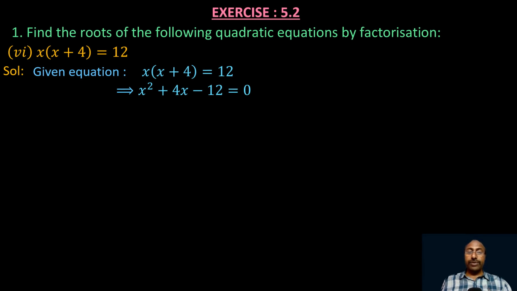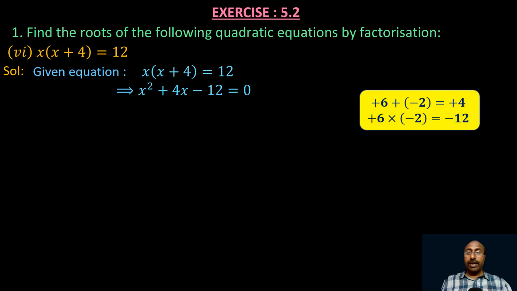And we have to select two numbers such that the sum of two numbers is 4 and product of the two numbers is 1 into minus 12, minus 12. So we can notice that minus 2 plus 6 is plus 4, and minus 2 into 6 is minus 12. So that we can split 4x as x square plus 6x minus 2x minus 12 equal to 0.